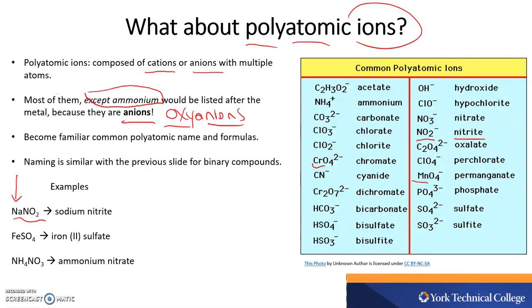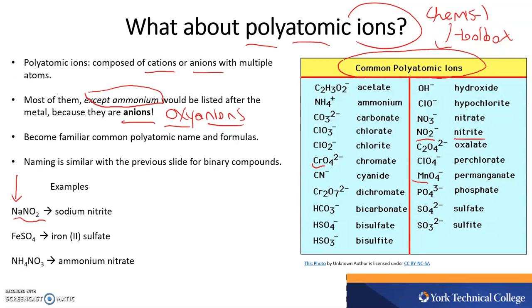So it's really important to have these in what I call the chemist toolbox. What you need to become a great chemistry student and hopefully a chemist is these polyatomic ions. So sodium nitrite.